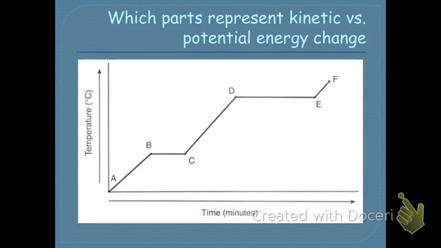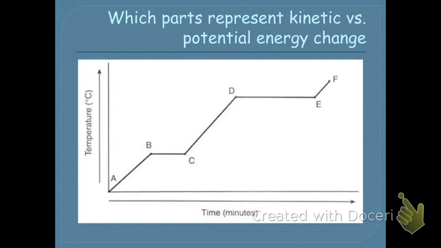I was curious to see, what do you think happens at these plateaus? But before we do that, let's figure out which one is kinetic and which one's potential. I would copy this graph down kind of big because we're going to use it for multiple things.